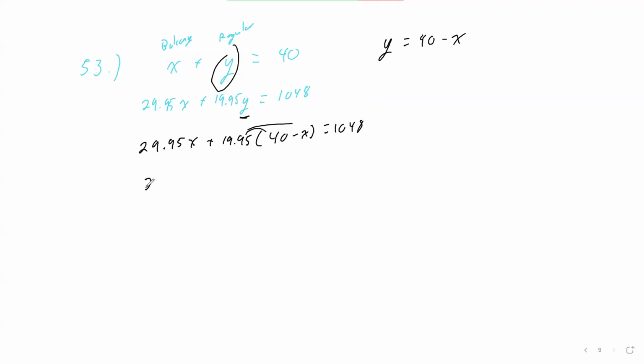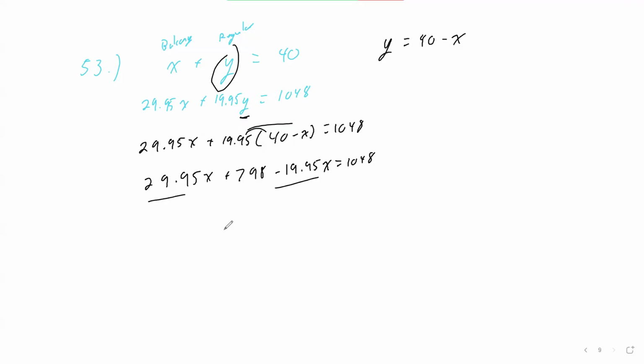Distribute away. 29.95x plus, couldn't tell you. Let's see. I feel like it's going to be close to 800. $798 to be exact. So 798 minus 19.95x equals 1048.